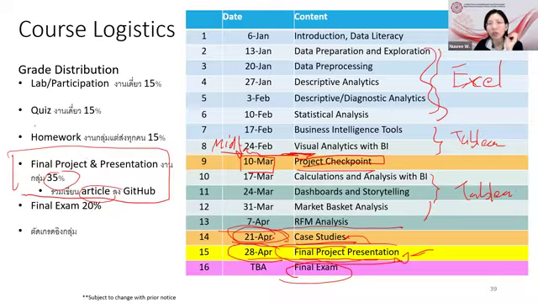Okay, your quiz and the lab or participation will be individual work. Each will take 15%. Your homework will be group work, but everyone needs to submit. It will be 15%. Okay, and then for the final exam, we will have another 20%.